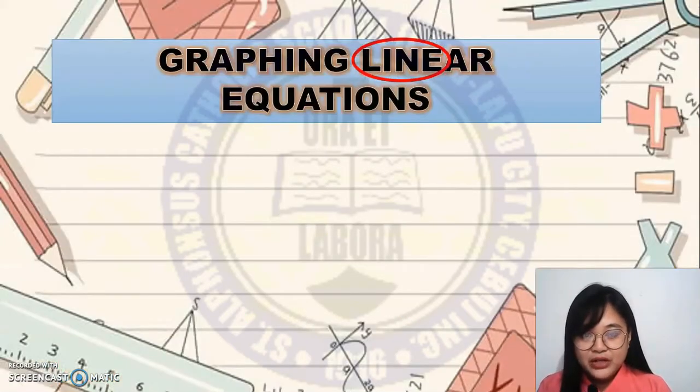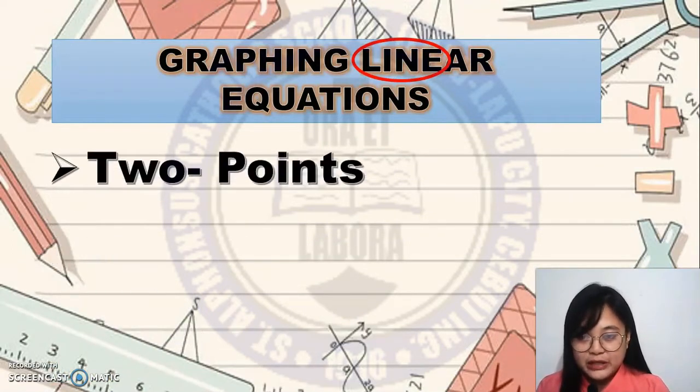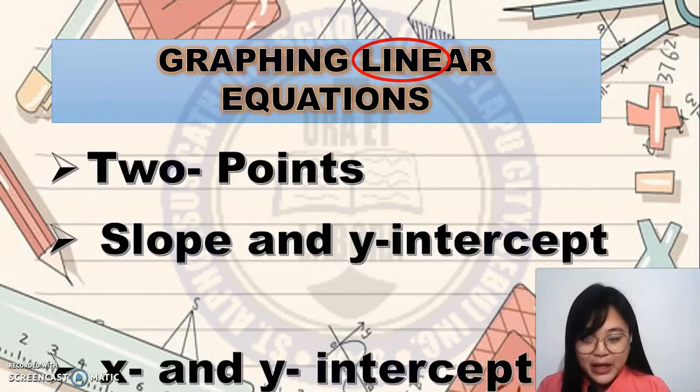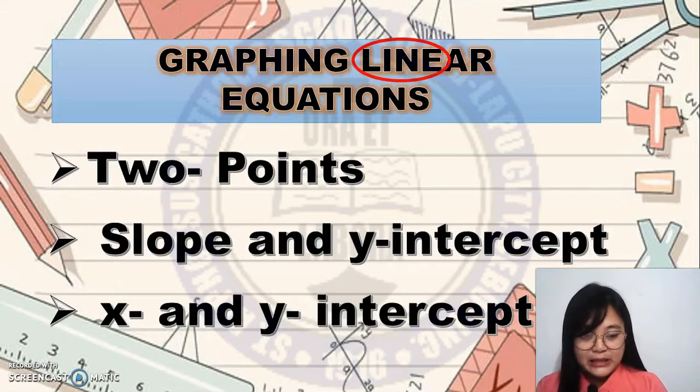Graphing linear equations has 3 methods. You could graph a linear equation using 2 points, using slope and y-intercept, and using x and y-intercept.